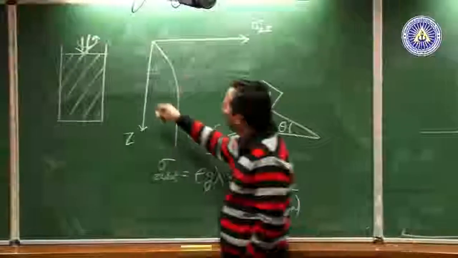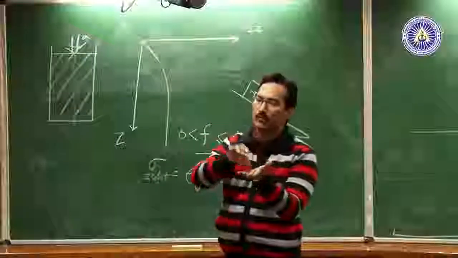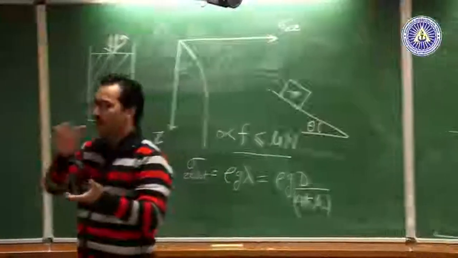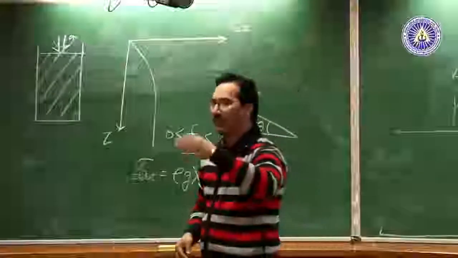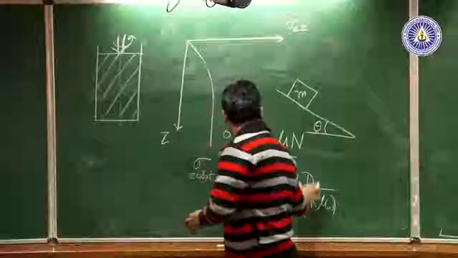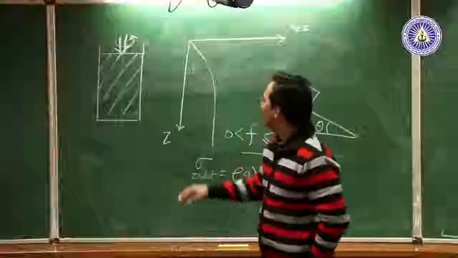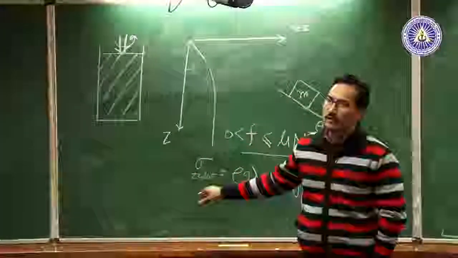So what this tells you is that the region close to the orifice, which has a size of the order of the diameter, has some variation, but beyond that everything is constant.